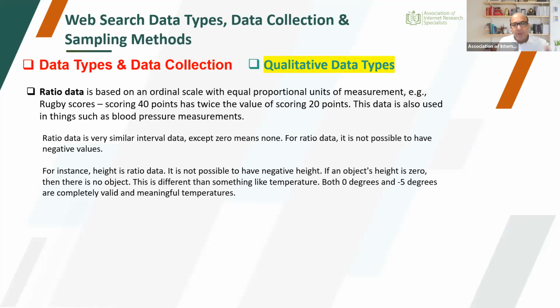So it is more on the descriptive side. Here, when we talk about different data types in qualitative research, we are particularly talking about the close-ended questions.